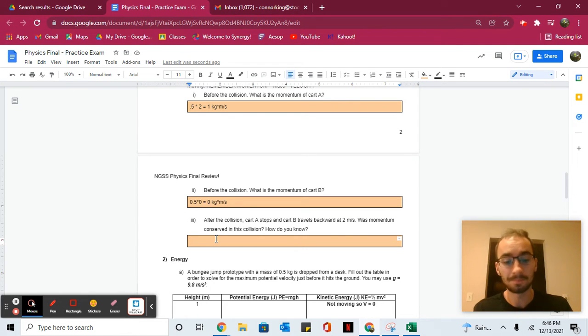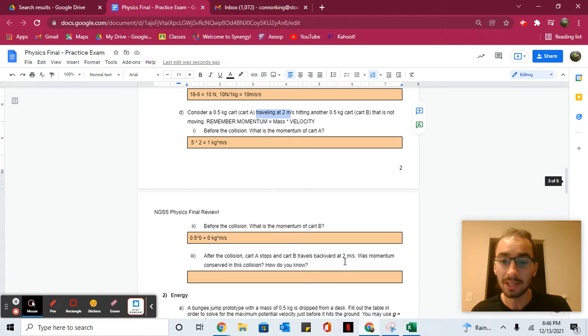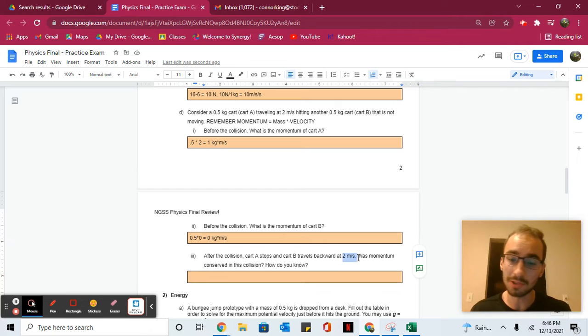How do you know? So you may notice cart A started out at 2 meters per second, and then cart B ended up going 2 meters per second. Okay, so clearly all of the speed and momentum from cart A went into cart B. So the momentum is the same as cart A was. Momentum is 0.5 times 2 meters per second, the mass times the velocity.